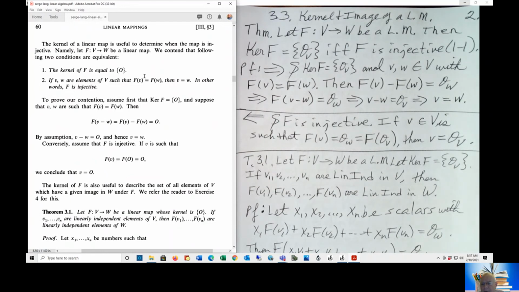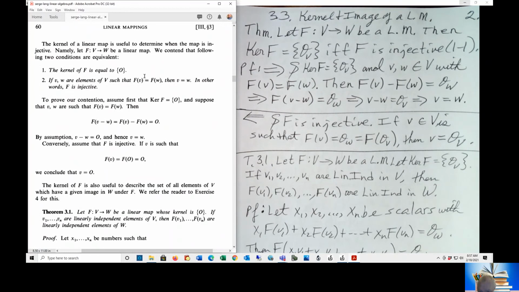We're trying to show that f is one-to-one, so let f of v equal f of w. So if you subtract f of w to the left side, you see that f of v minus f of w is the zero vector of w.